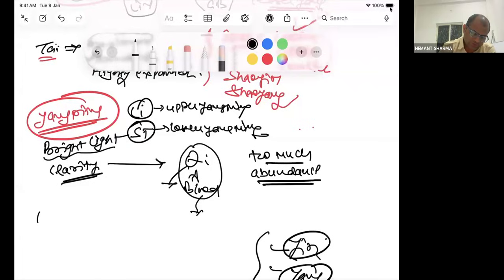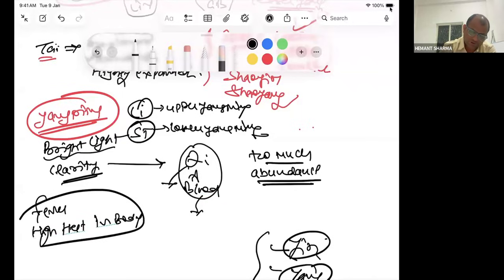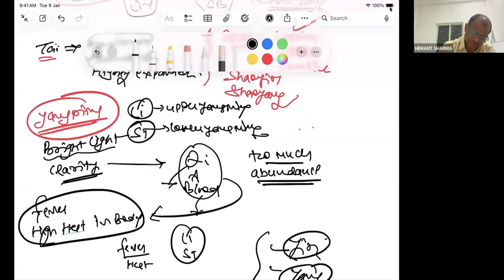So suppose someone is suffering with a fever or high heat in the body. This is because of chi and blood. When the person is suffering with a fever or too much heat in the body, we have to think of Li and St. Okay.